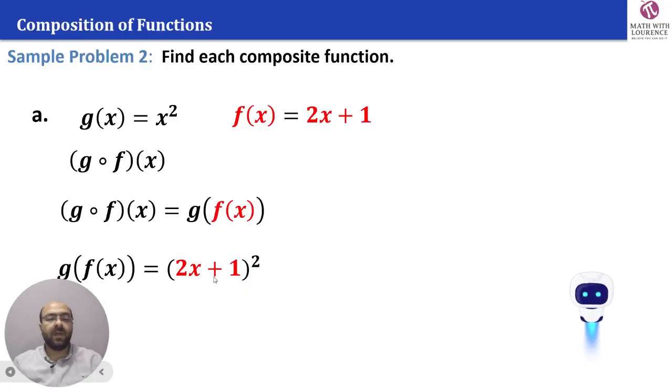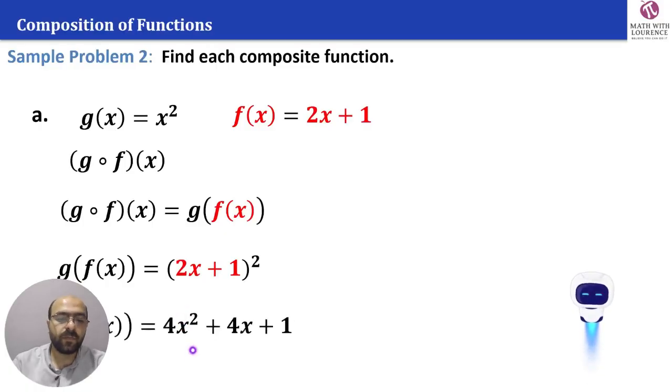Now let's simplify. I have 2x plus 1 squared. There are two terms inside the bracket squared, so the first one squared, plus 2 times the first times the second, plus the second one squared. 2x squared equals 2 squared times x squared, which is 4x squared. Then I multiply 2 by 1 and by 2x: 2 times 1 is 2, and 2 times 2x is 4x.